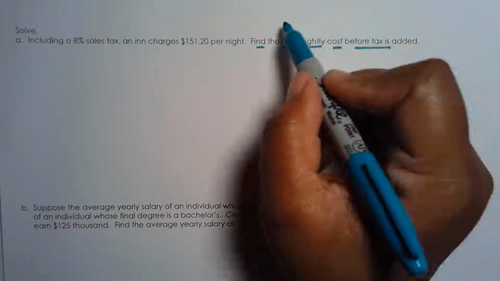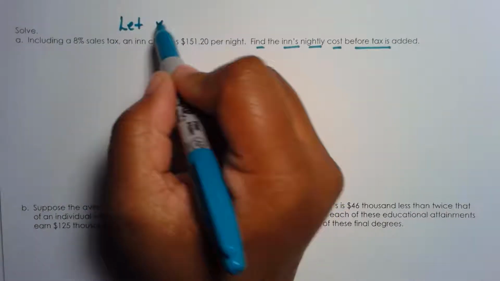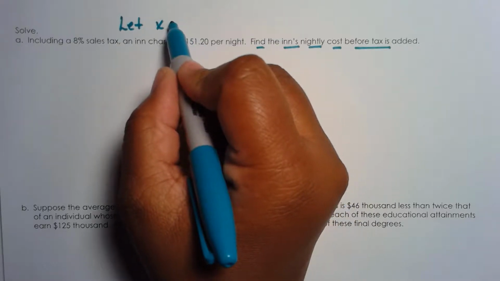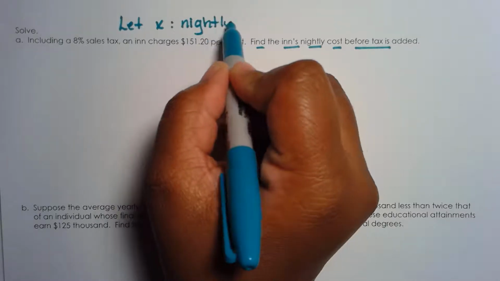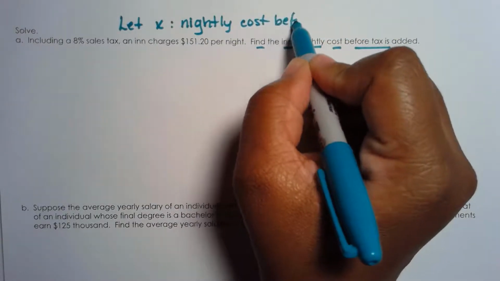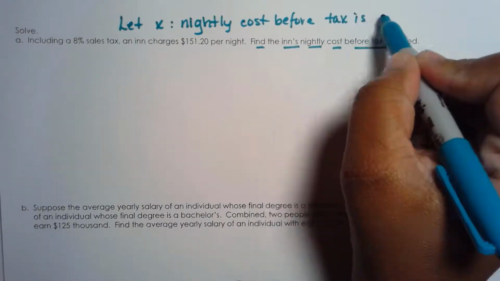So we're going to let X represent the nightly cost before tax is added.